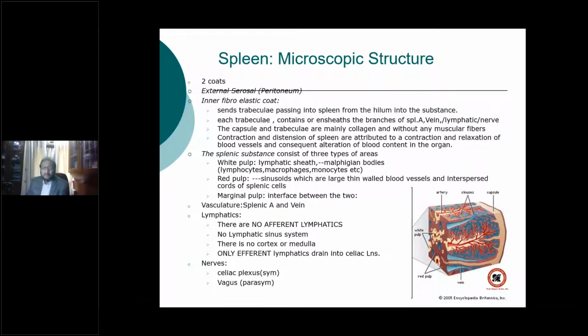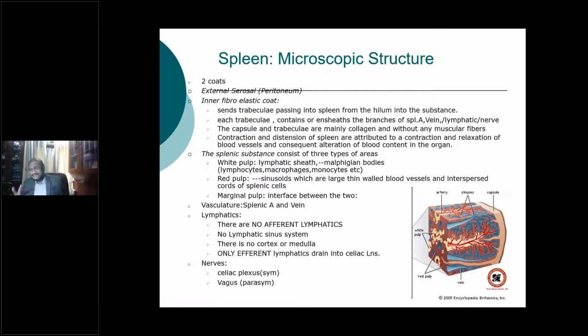Now, the size of the spleen increasing or decreasing is not because of any muscular fibers in the capsule. If there were, then that would have been responsible for the contraction or expansion of the spleen. Instead, what contracts and expands the spleen is the contraction and relaxation of the blood vessels consequent to the alteration of the blood content.